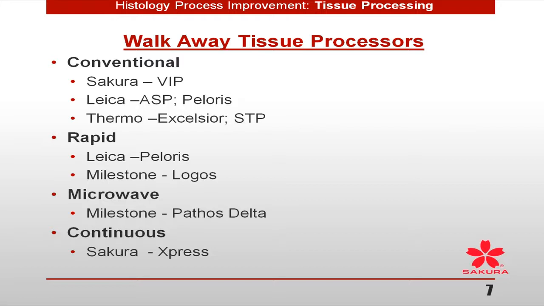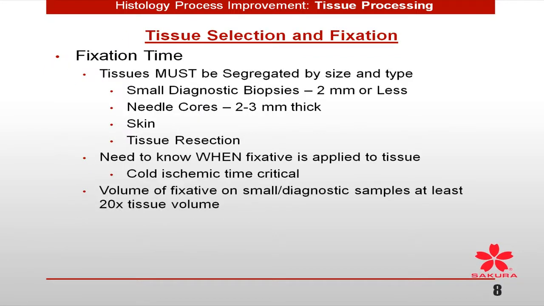If you have people or process problems, it doesn't matter what you buy off of this page. When you put it into your laboratory, you still have people and process problems. They're very good instruments. They're just not that smart and can't fix all your problems that way. So this is how I break down walk-away tissue processors from conventional to rapid to microwave to continuous. But we do have to back up.